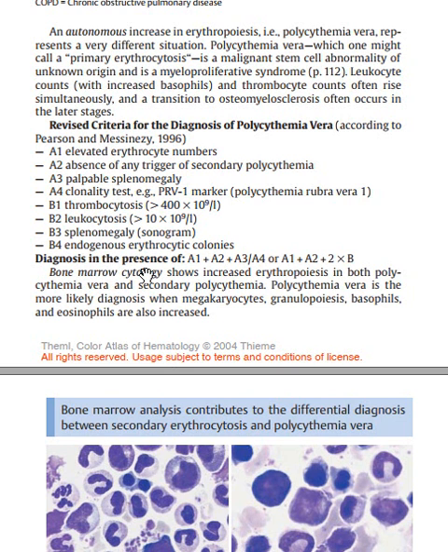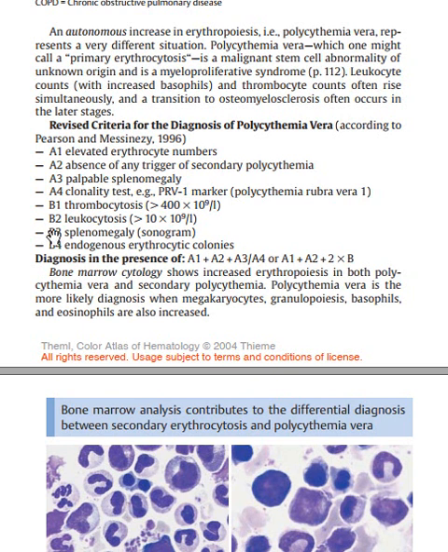So this is now based on the revised criteria according to Pearson and Messinezy. So this is the criteria for Polycythemia vera. The criteria are A1, A2, A3, A4, B1, B2, B3, B4.